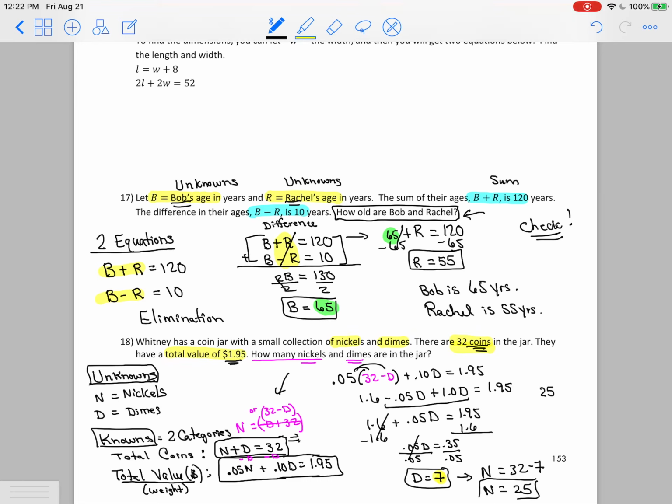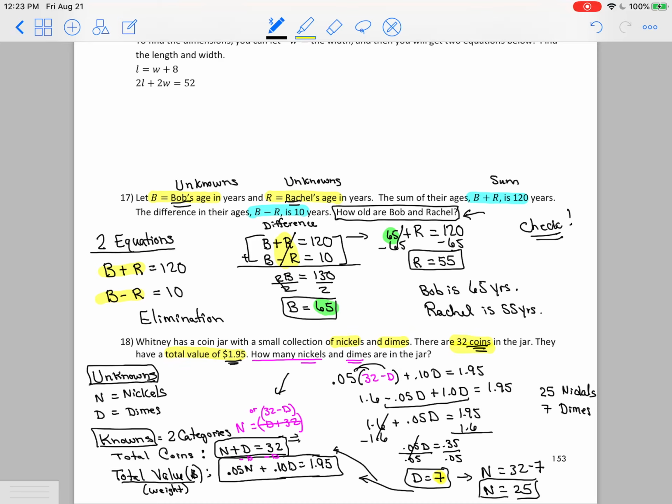Okay, so we know that we've got 25 nickels and we have 7 dimes. We can easily see if we add those together, 25 plus 7 is going to give me 32, right? So that actually works. We want to make sure we plug those back into both of these equations, the n and the d, just to make sure that that works.